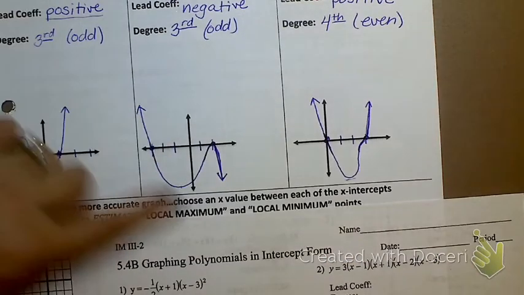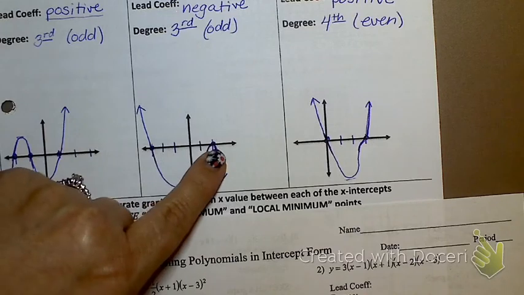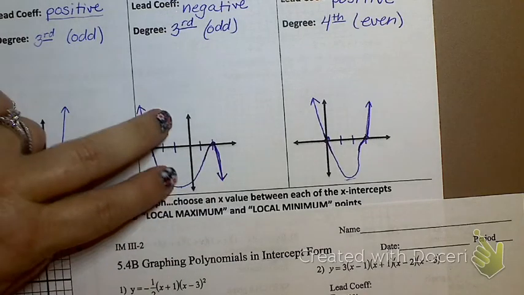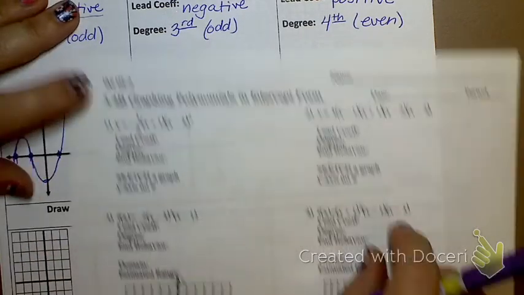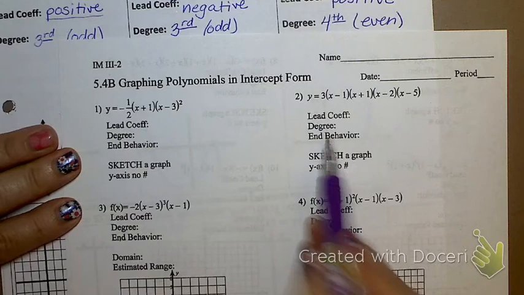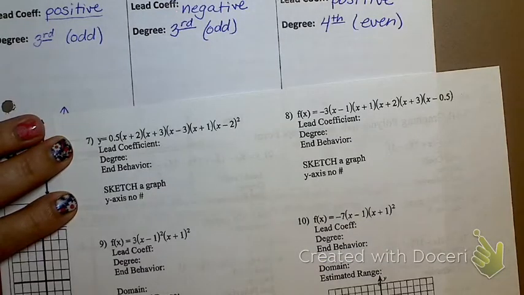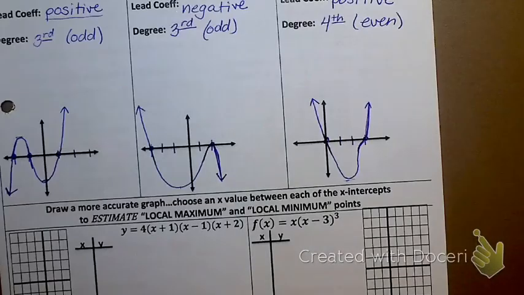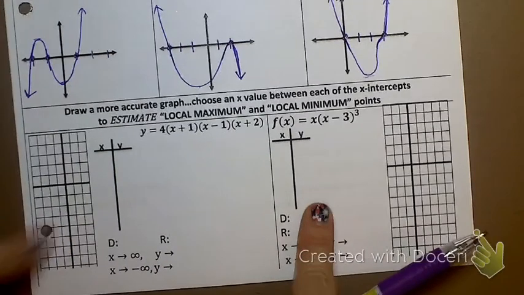Draw an XY chart, but you only need to put values on the X side. Y side, we're not worried about right now. Okay, so for 1 and 2, and on the back side, 7 and 8. All of the rest of the questions, a graph is provided, and I'm going to want you to do those the same way we're going to do these guys right here.